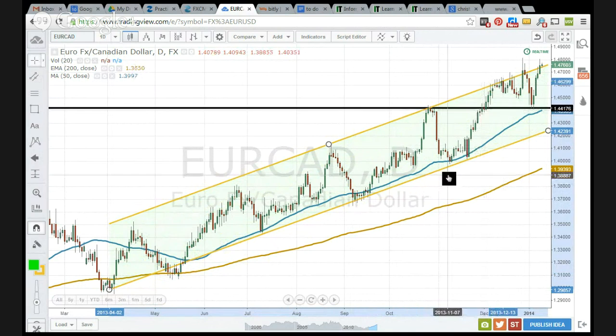So you get an idea of a bit of a channel here. It's not perfect. We did fall out of the channel here. But it is to illustrate the basic idea, and we are near the top of it here.